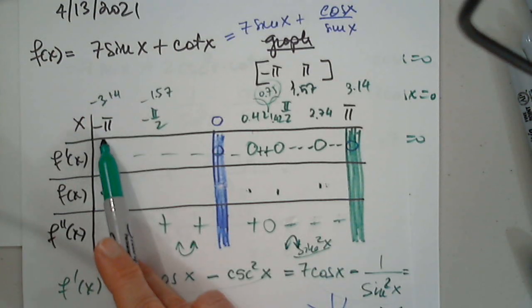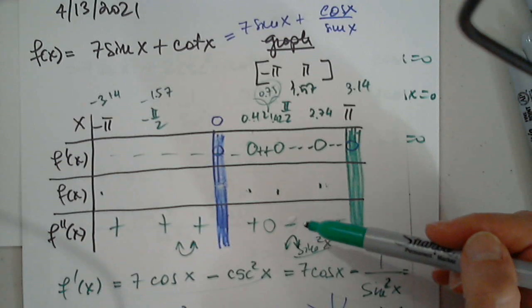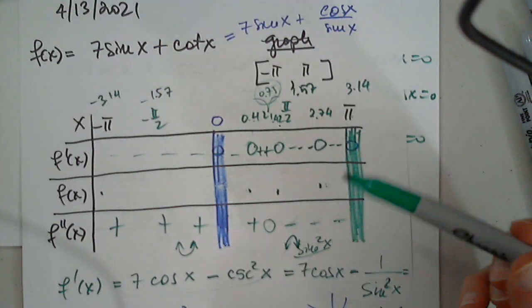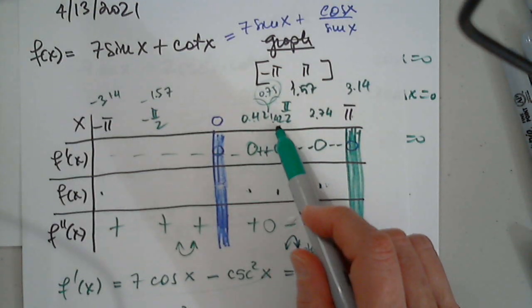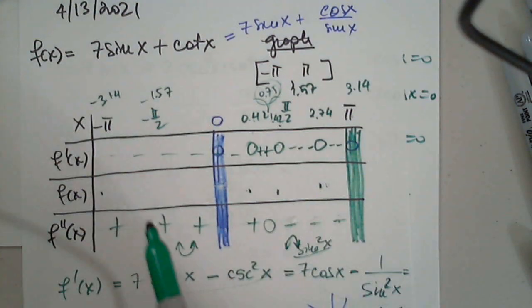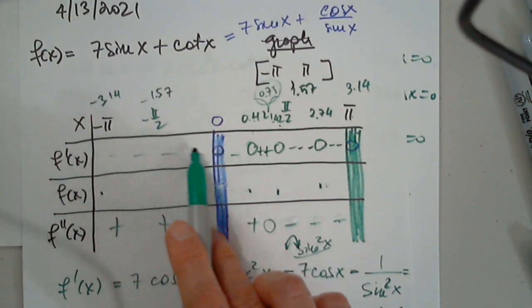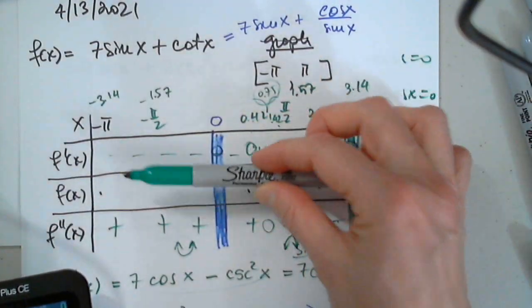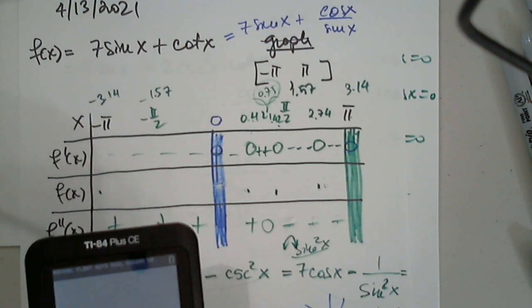It's decreasing between negative pi and 0.42, union 1.42 and pi, and it's increasing between 0.42 and 1.42. Now, again, I always determine these numbers just to check my signs, because if these two rows don't work well together, then I'll say, oops, I have an error.